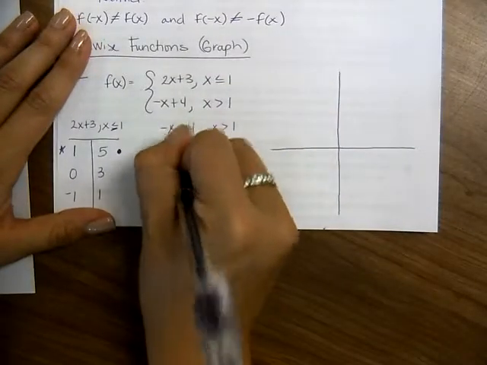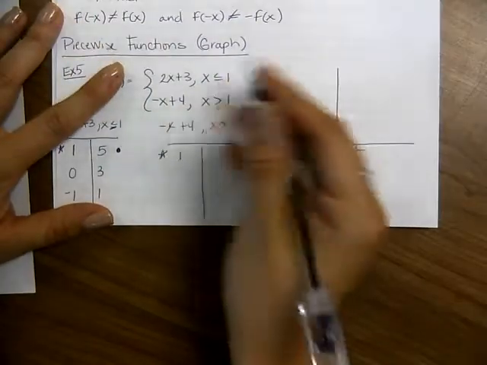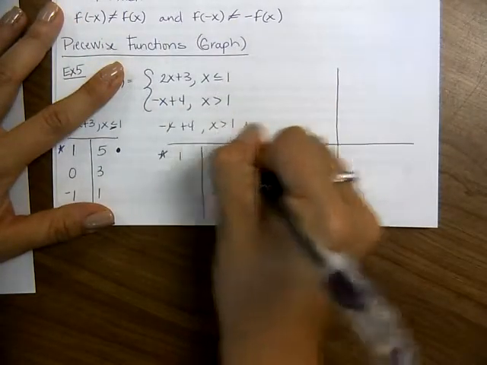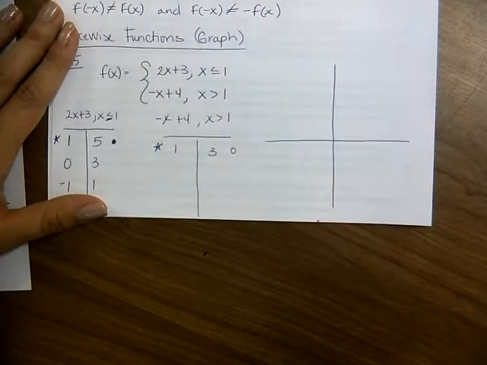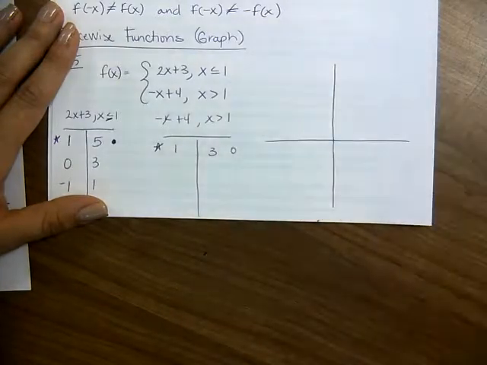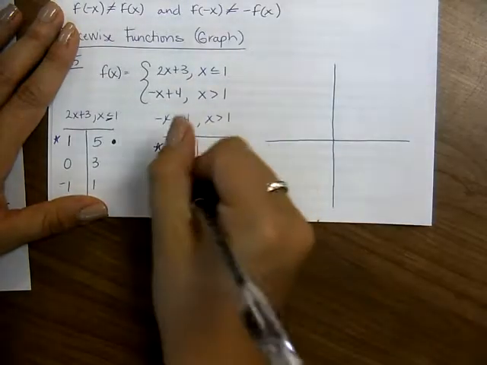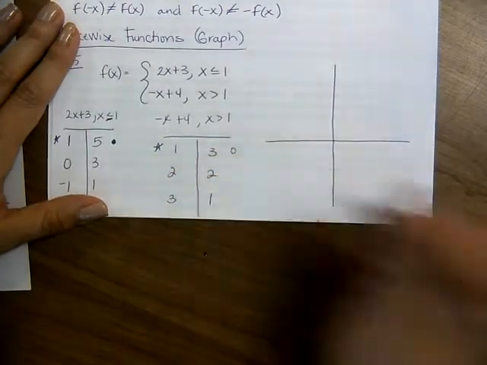All right, so 1 is going on here. Again, I'm just marking this to let myself know this is special. If I plug in a 1, I get 3. So here, this is going to be that open circle. So I cannot equal 1, but now I have to choose values that are greater than 1, right? Because x is greater than 1 for that domain. So maybe like 2 and 3.